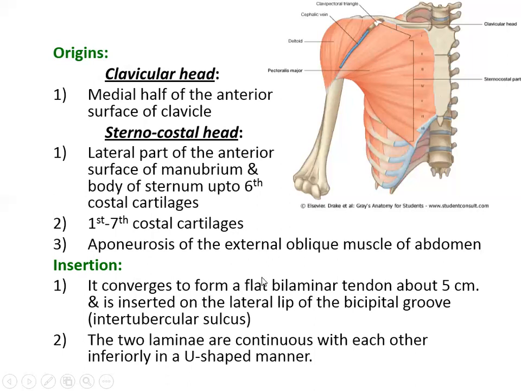So it converges to form a flat bilaminar tendon. It becomes two laminar, the anterior as well as posterior lamina. So there are two laminae formed within this muscle.